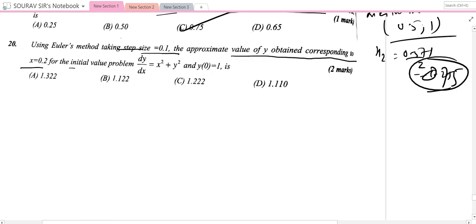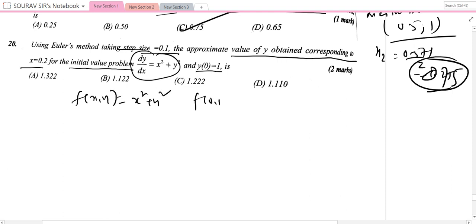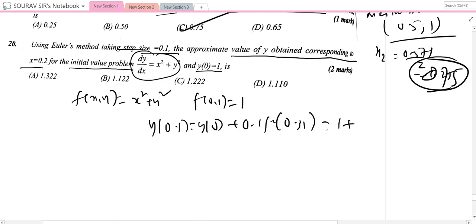corresponding to x equal to 0.2, for the initial value problem of this thing, where y is equal to 1, is what? Okay. So in this case f of x, y is x square plus y square, so f of 0 comma 1 is 1. So now y of 0.1 is y0 plus 0.1 times f of 0 comma 1, so 1 plus 0.1, 1.1.